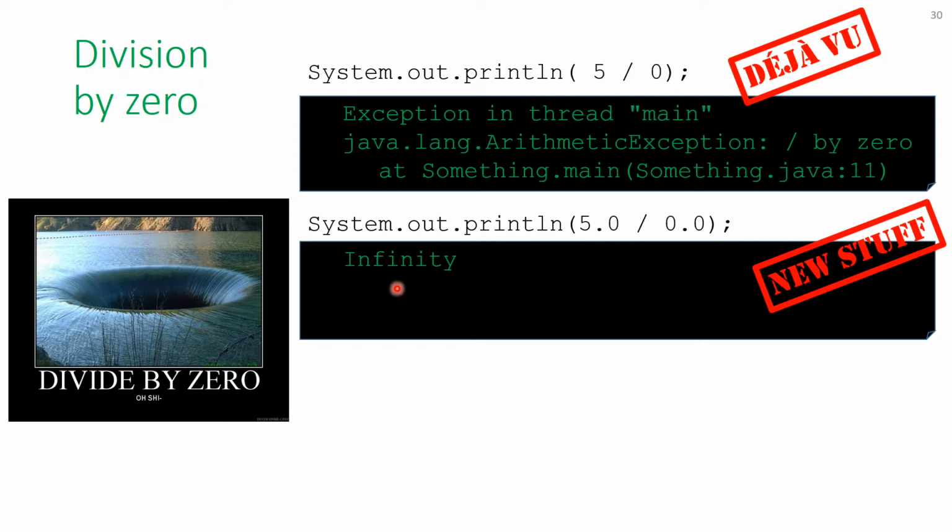When it's a real division, if we were displaying the result of 5.0 divided by 0.0, it would display on the screen infinity. What is that? That's not a Java keyword. That's not something that you can type in your code. It's just the way for the slash operator to encode the result of this division as a value.